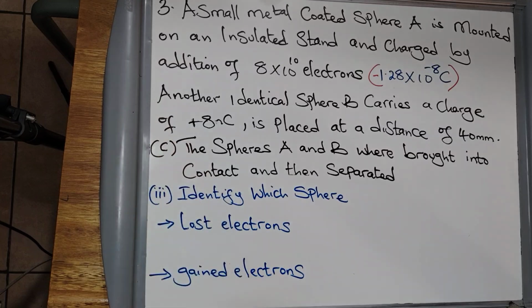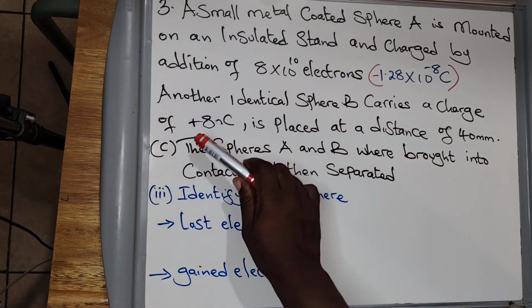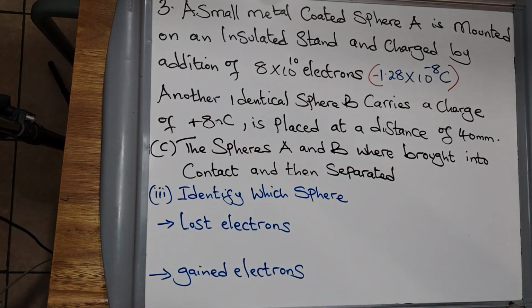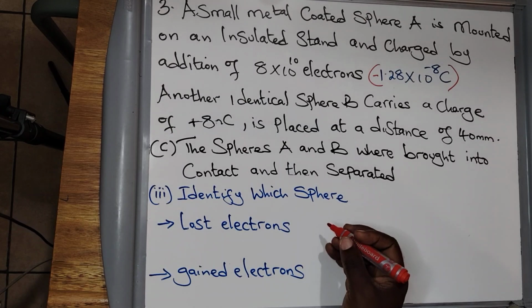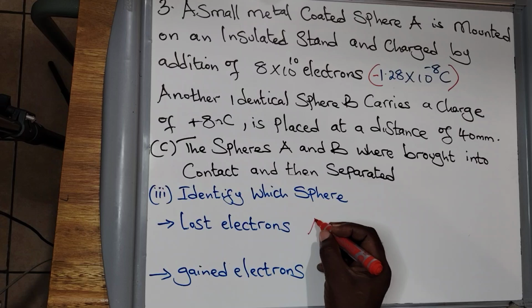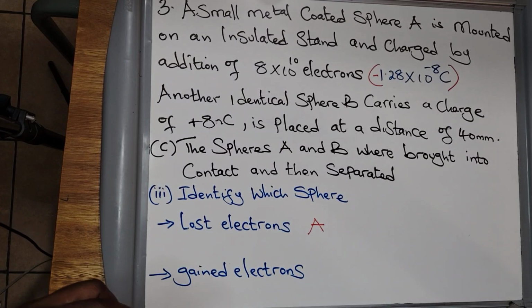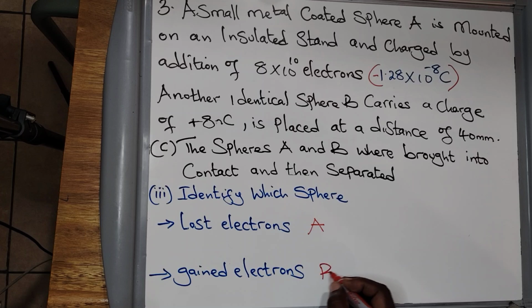And positive means lacking electrons. So electrons are moving from A to B. Which one is losing electrons? It is A. And which one gained electrons? It is B.